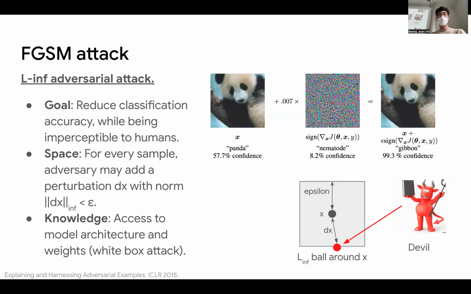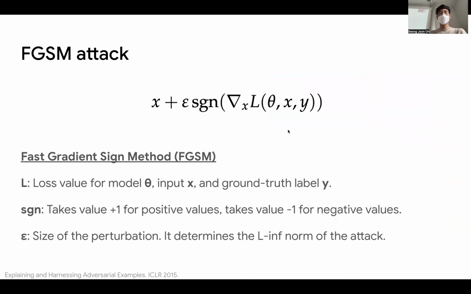And this is called the FGSM attack because what you're doing here is, first of all, you take the input gradient of your loss function, which encodes the direction from your input image where the loss increases the greatest in the vicinity of your input. And then to make things simple, they take the sign for every pixel. If that pixel gradient value is positive, you take +1. If it's negative, you take -1.